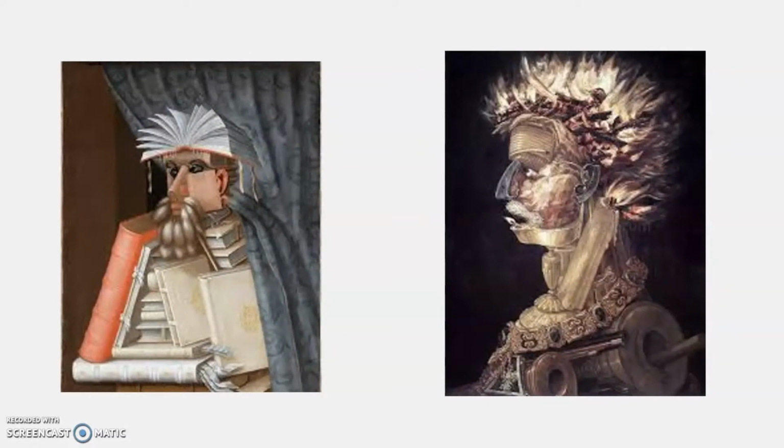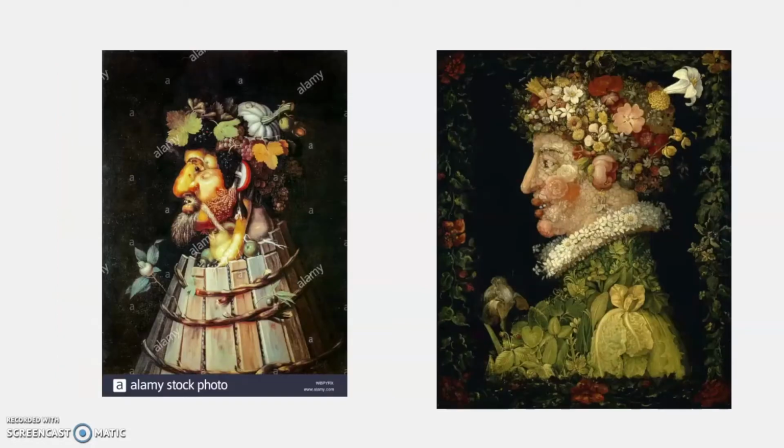What I mean by likeness is that you could recognize features of a person's face, such as an eye, a nose, or even a mouth, to give the illusion of this being a real person, when actually it was made out of other objects. These are just a few of Mr. Arcimboldo's creative portraits that he made out of other objects.